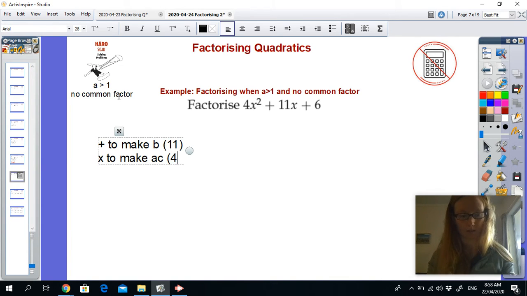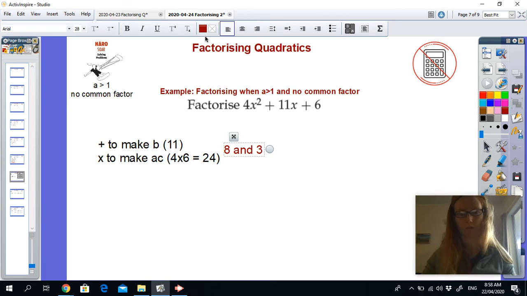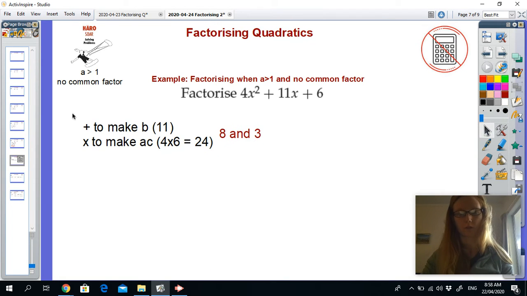So in this case, 4 times 6, which is 24. Okay. So we need 2 numbers that add to make 11 and multiply to make 24. Okay. And let me just check those numbers. They should be 8 and 3. Okay. So they are the 2 numbers that we are looking for. So that's what you're aiming to do first.